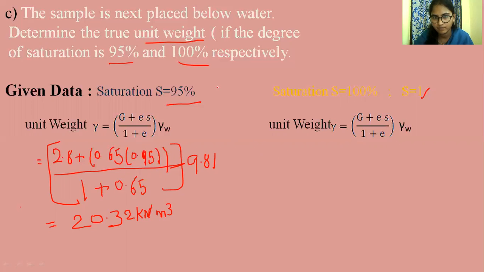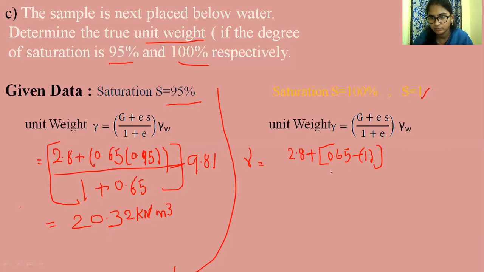The unit weight gamma is equal to G, 2.8 plus e is equal to 0.65 into S is equal to 1, by 1 plus void ratio e is equal to 0.65, into unit weight of water 9.81.